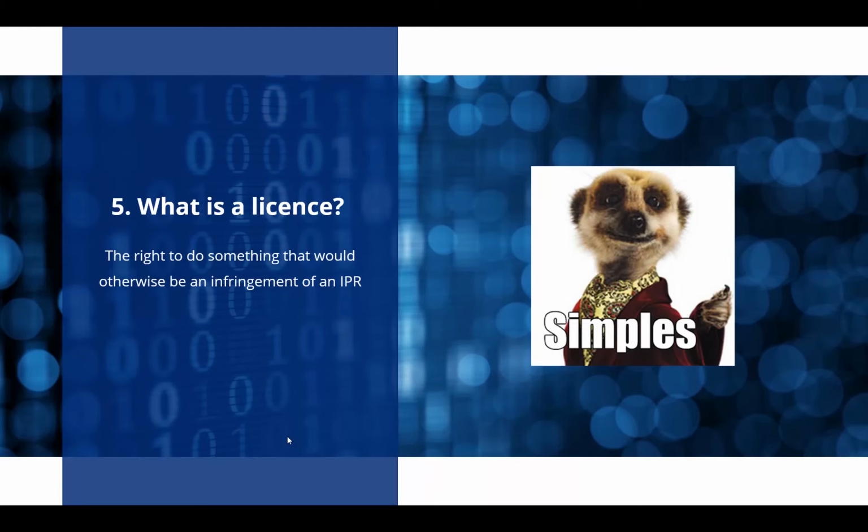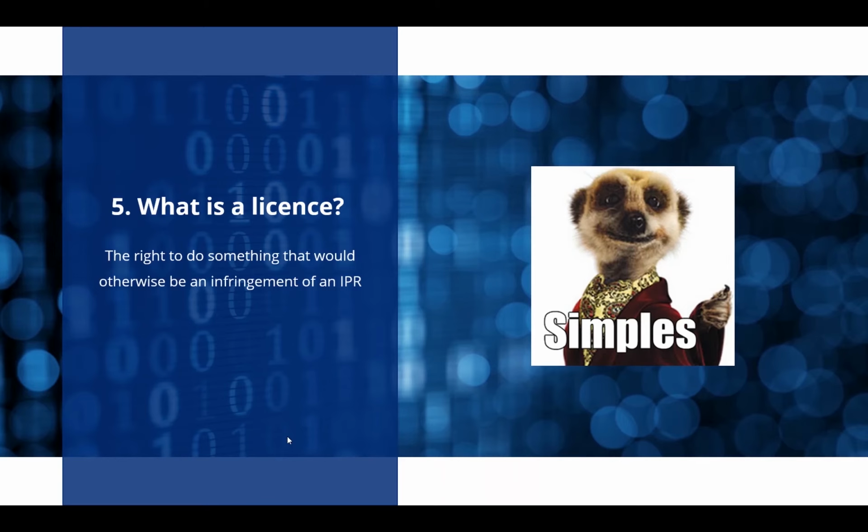So a lot of people say, oh, we have a license. And I just thought it's worth repeating here. What exactly is a license? A license is basically the right to do something that would otherwise be an infringement. And that's quite important to remember. A license basically lifts the legal monopoly from the acts that you are doing.